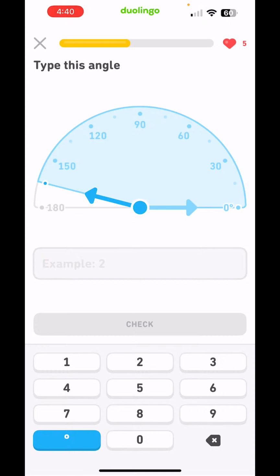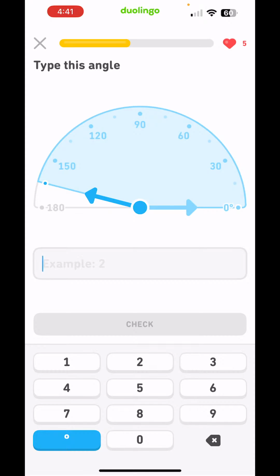Okay, type this angle. All right, so let's see. What would this be? 90, 50. So what would this be here? Would this be 155? Okay, Christy thinks 155.